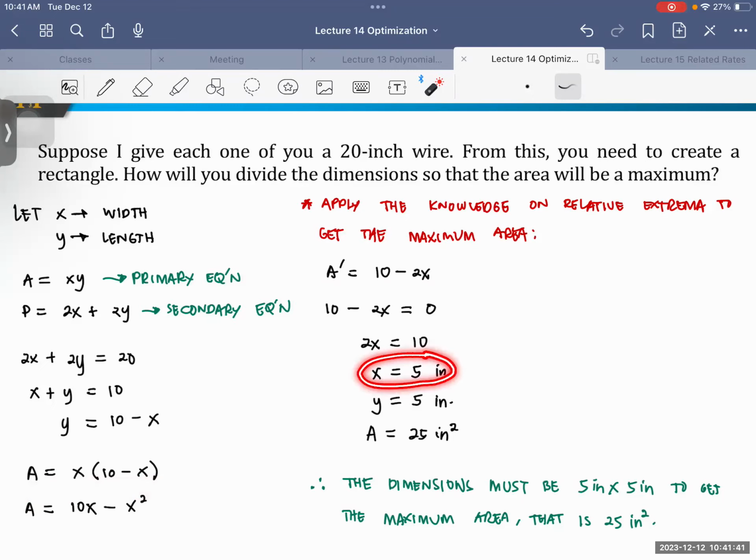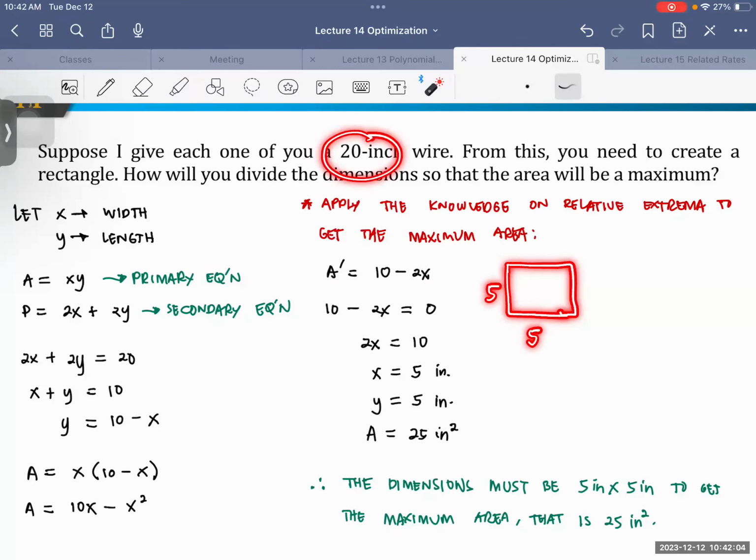The maximum, class, is when your width is 5 inches. So when your width is 5 inches, what is your value of y? Of course, you substitute it here in y. That is 10 minus 5, which is 5. So meaning, class, the rectangle that gives the maximum area, given a perimeter of 20 inches, is 5 by 5.